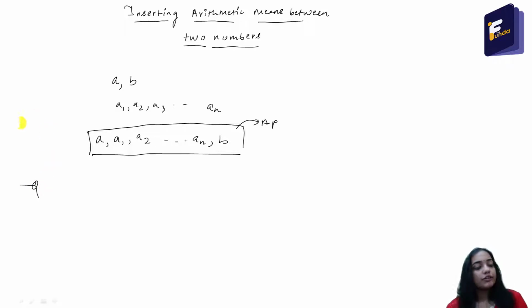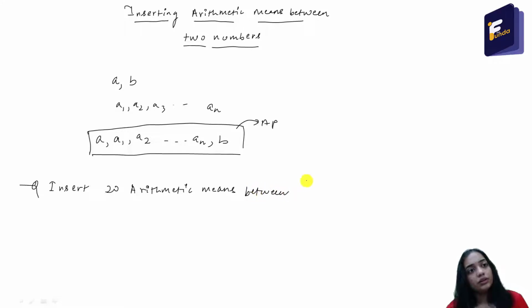The question is: insert 20 arithmetic means between 4 and 67. So think about the definition, and about all the formulas that we used, like the formula for the nth term.